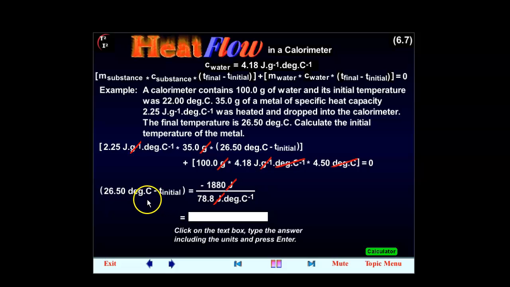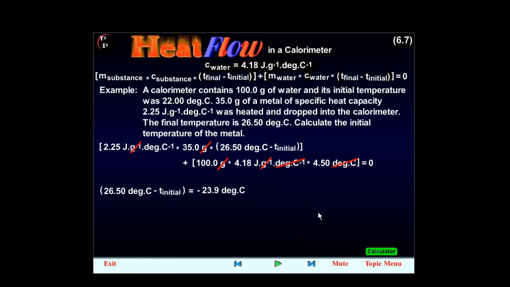All right, we are on the last stage of getting our temperature final minus initial equals negative 1880 joules over 78.8 joules per degree Celsius. So you can pause the video to solve this problem and write your answer in the box. All right, the answer will be negative 23.9 degrees Celsius.